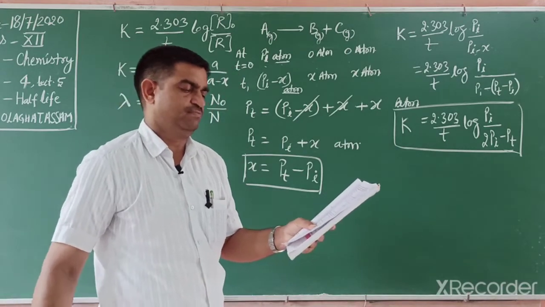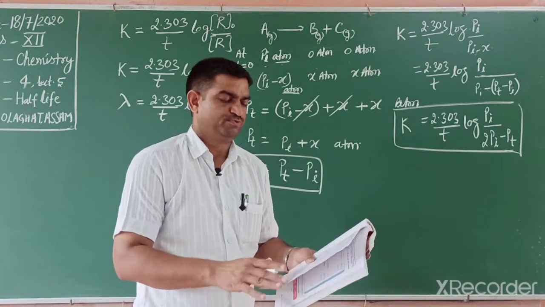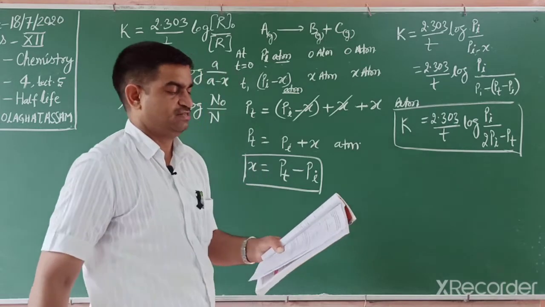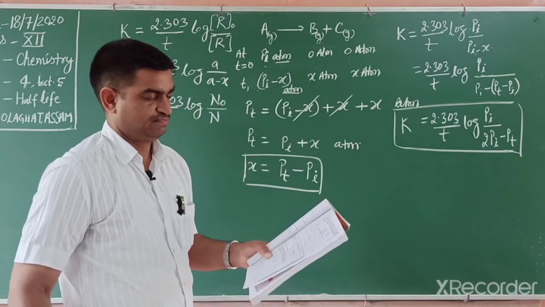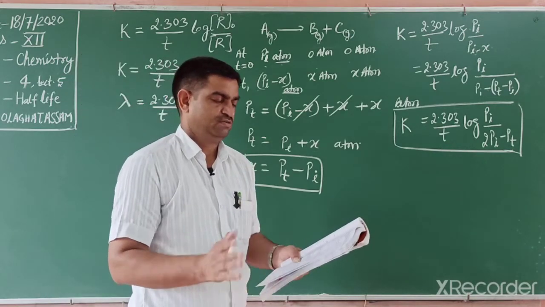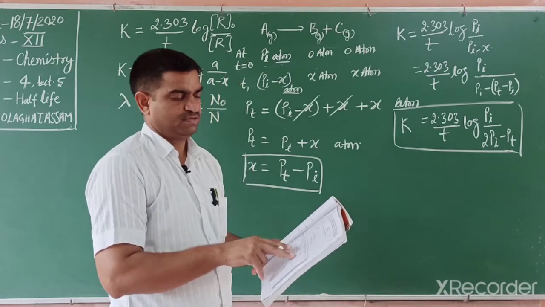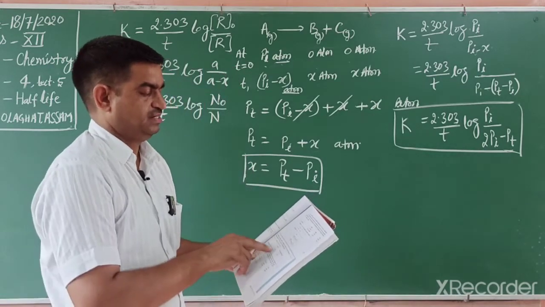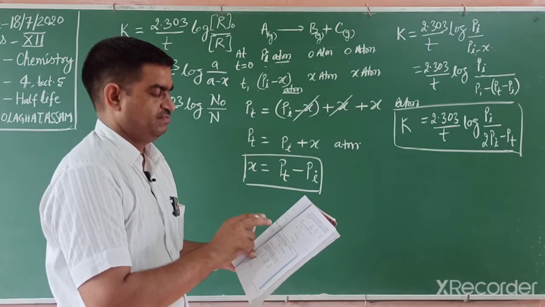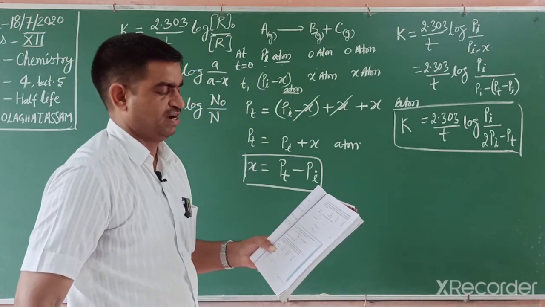Students, at page number 107, a numerical is given: the following data were obtained during the first order thermal decomposition of nitrogen pentaoxide at constant volume. Nitrogen pentaoxide decomposes into nitrogen dioxide and oxygen, and time and pressure are given. At time 0, the initial pressure is 0.5 atmosphere, and at time 100 seconds, the pressure is 0.512.